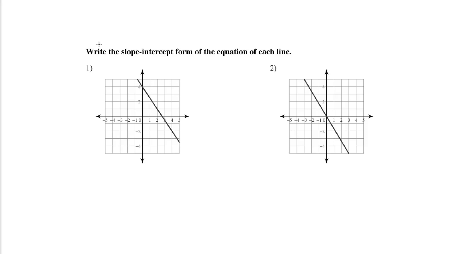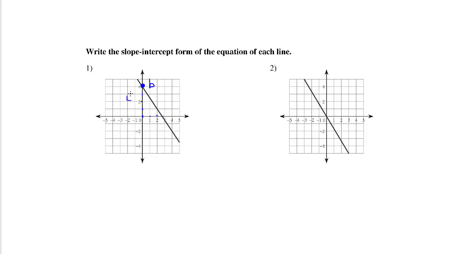If we go the other way, you might ask, how do I find the equation of the line from the graph? Well, let's see a few examples of that. If I look at graph 1 here, I have a y-intercept of 4. That's going to be my b value right there. And I have a slope. Looking at it, I go down 1, 2, 3, 4, and over to the right, 1, 2, 3.